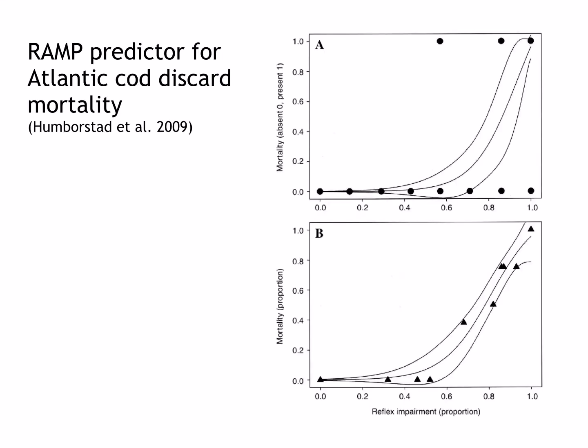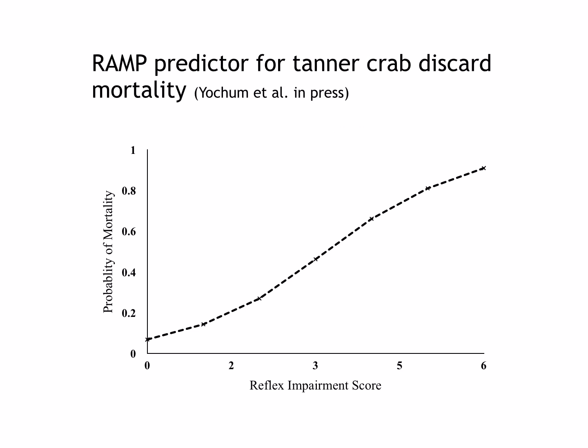The graphs show a RAMP predictor for Atlantic cod discard mortality, where reflex impairment is on the x-axis and mortality is on the y-axis. The graph shows a RAMP predictor for tanner crab discard mortality, with reflex impairment score on the x-axis and mortality on the y-axis.